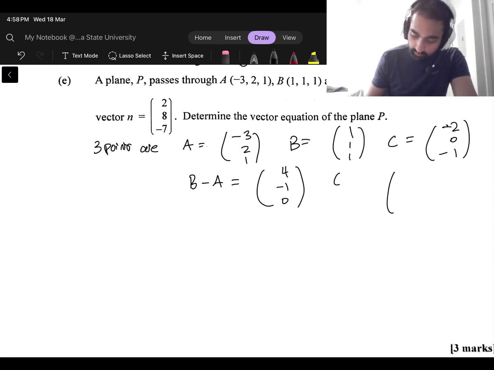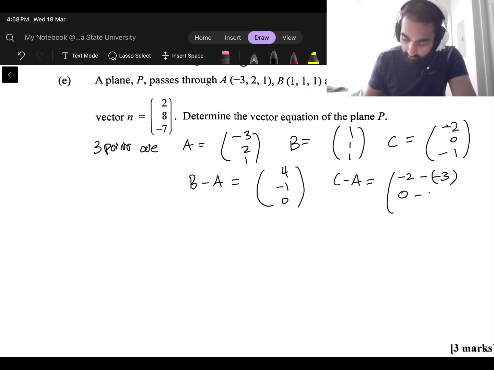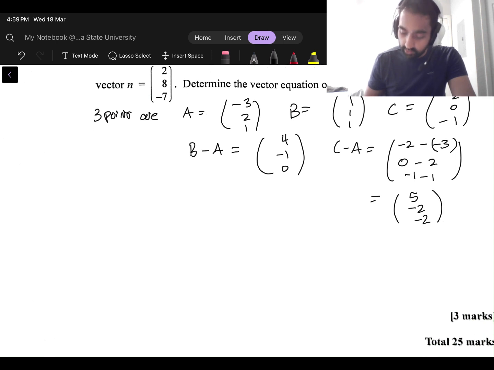And then C would be C minus A. I'll write that down. That equals, for example, minus 2 minus minus 3, 0 minus 2, and then minus 1 minus 1. So it'll be 1, minus 2, minus 2.